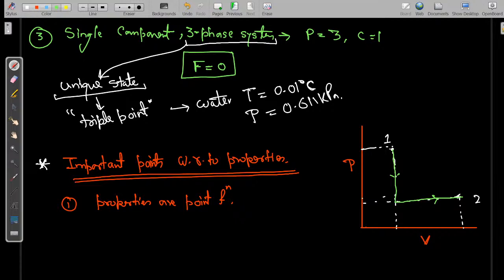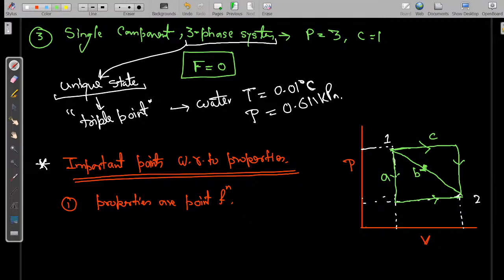On the other hand, the system can first have a constant pressure process and then a constant volume process, or the system can have a process in which the pressure is reducing and the volume is increasing. So this is one path A, this is another path B, this is another path C. All these paths are different.